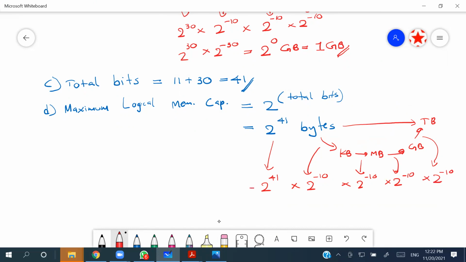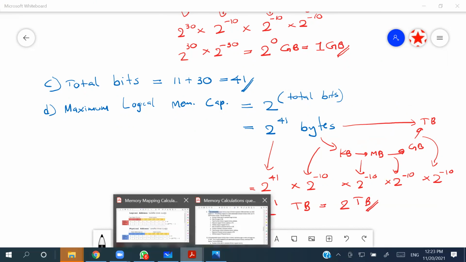That means 2 to the power 1 terabyte. That means 2 TB. So that is the part D's answer.